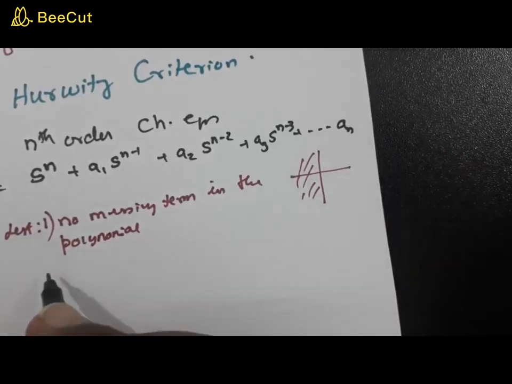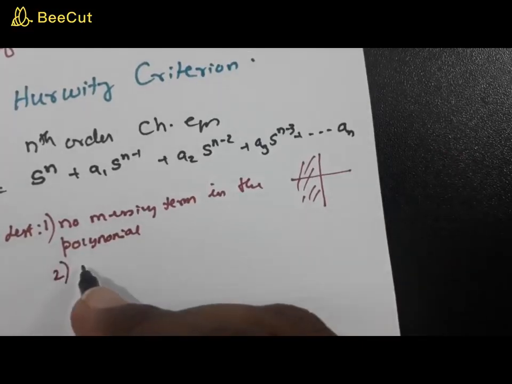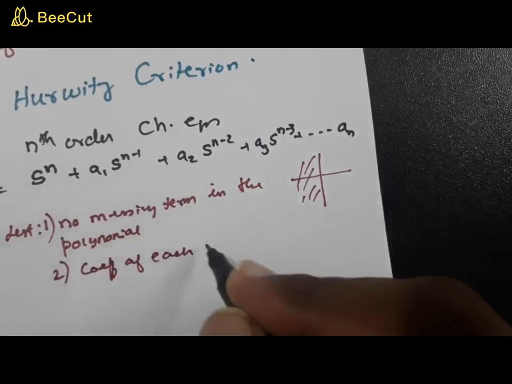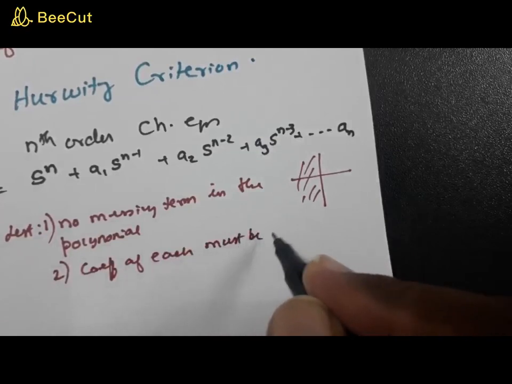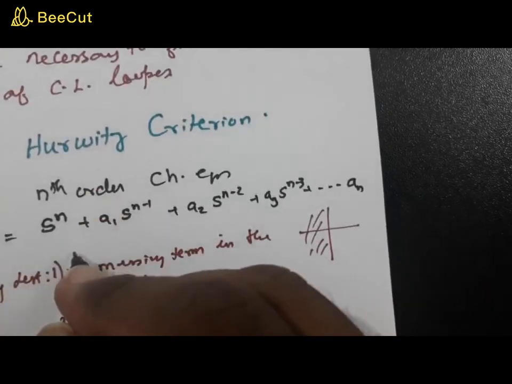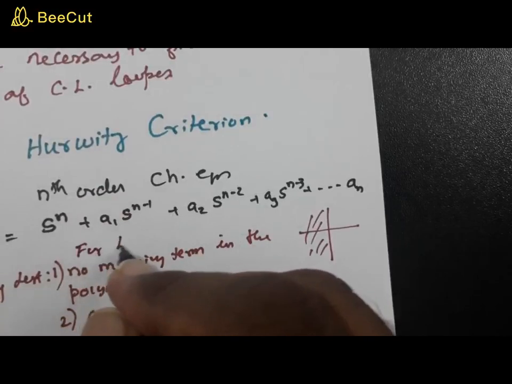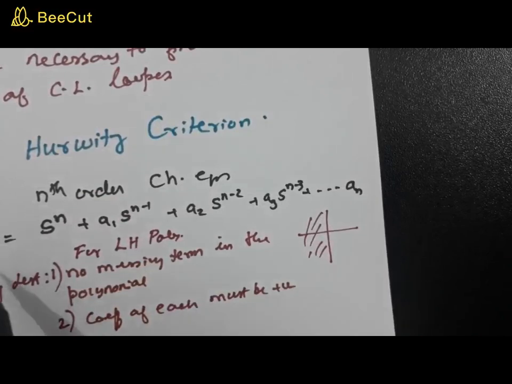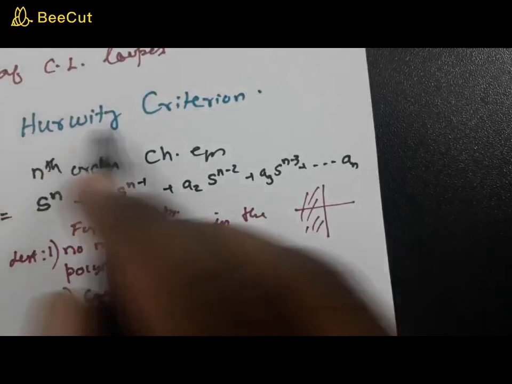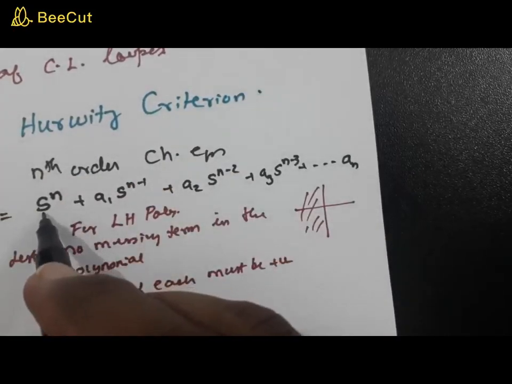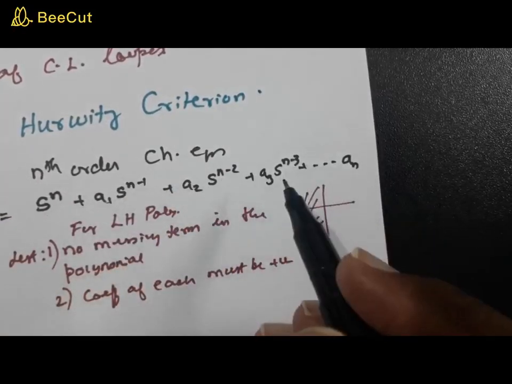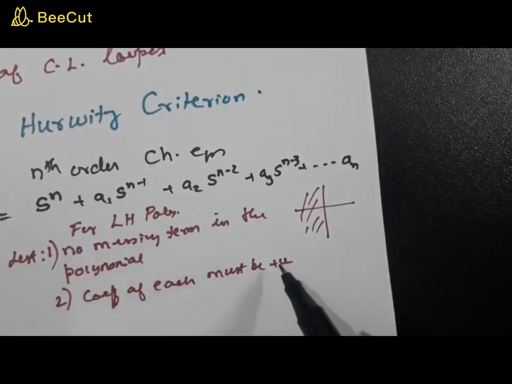Another point is all the coefficients of each term must be positive. So what is this preliminary test for? This is for left half poles. For the left half poles, first of all you must have a thorough testing on it, and you can just write down before applying this Routh-Hurwitz criterion: there can't be any missing terms in between, and the coefficient of each must be positive.